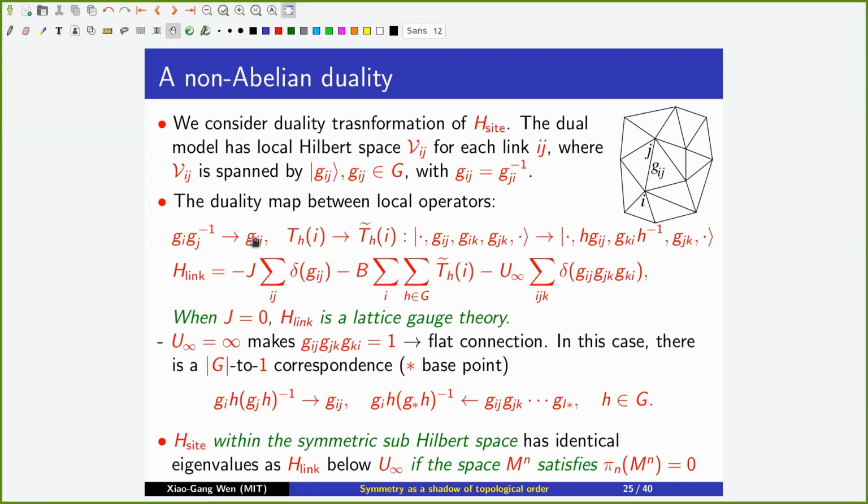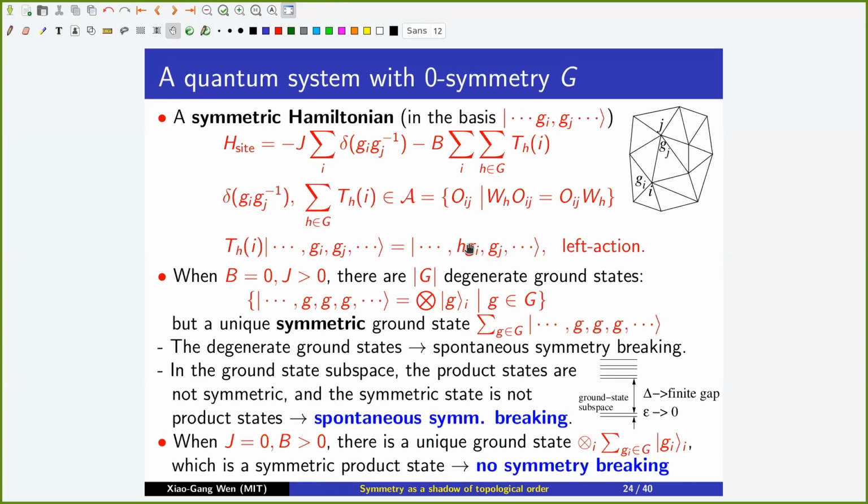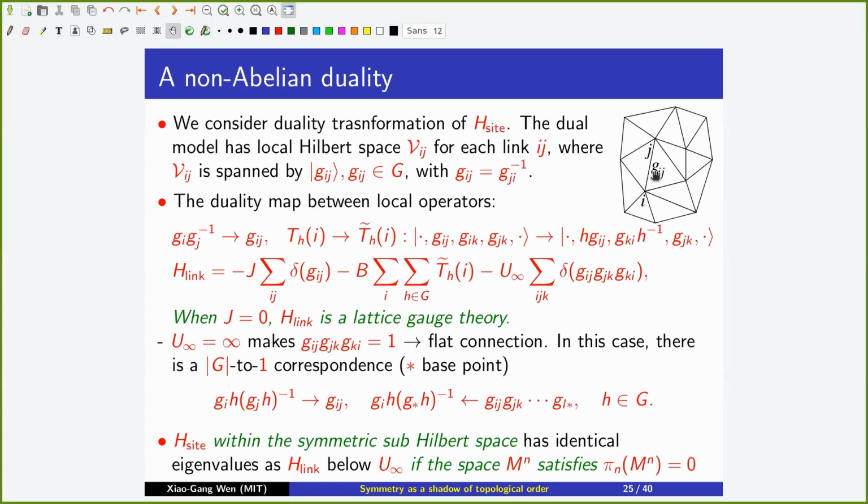And because we have this mapping, the T operator, which originally acted on a single site, now also acts on the site, but our degrees of freedom live on a link. For any link connected to site I, they get some change. If I is on the left, we get an H action. If I is on the right, we get an H inverse action. Something like that.